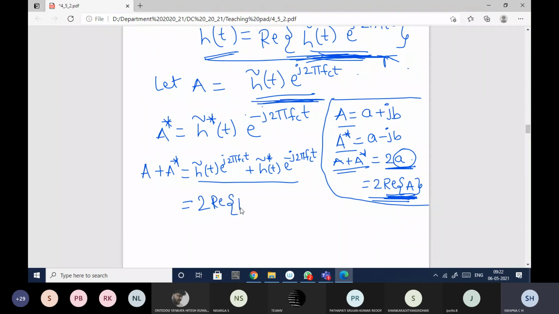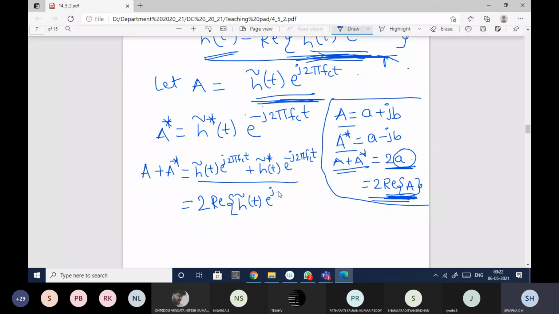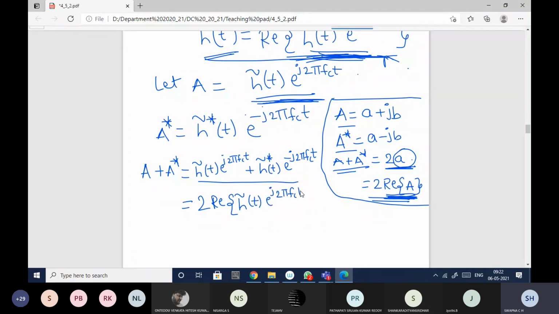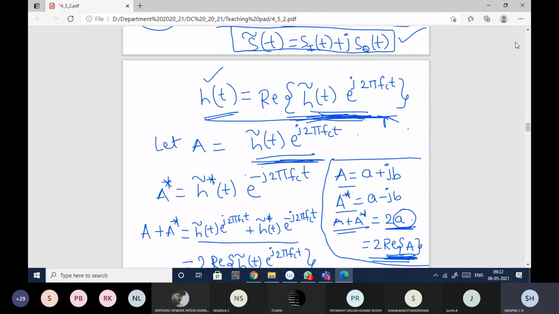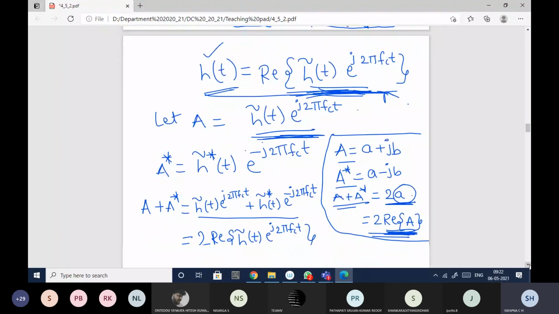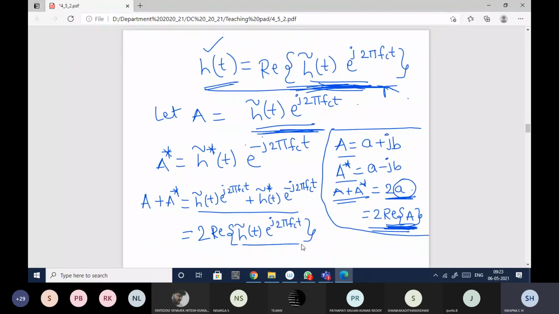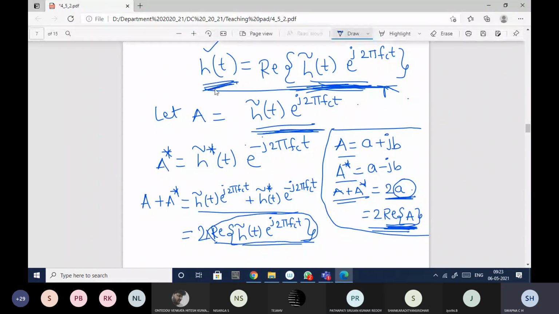So the real part of A, which is nothing but H tilt of T e power j2 pi fct. But what is the real part of H tilt of T e power j2 pi fct? This entire thing is nothing but H of T, right? H of T from this.